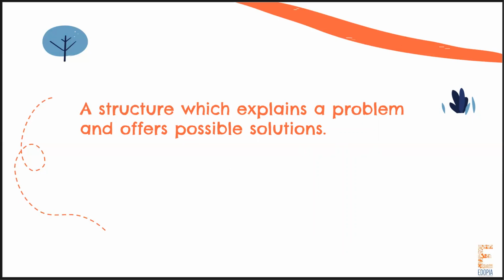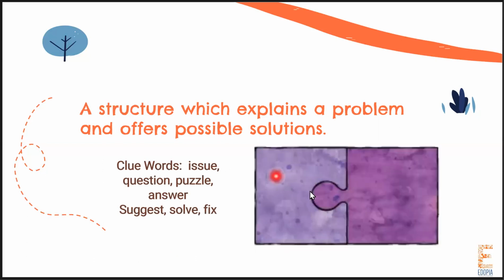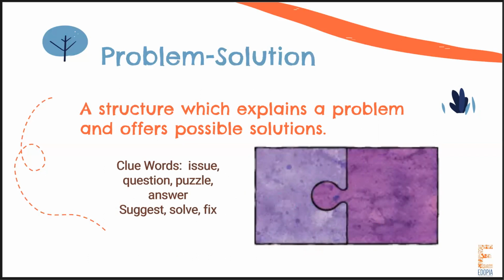So what are your thoughts about this text? If you're thinking that this might be problem and solution, you are getting this right. Now, here's how the graphic organizer looks like. You have different puzzles, you have different problems, and you're putting them together to solve it. So yes, this is basically a text structure, which is problem and solution.